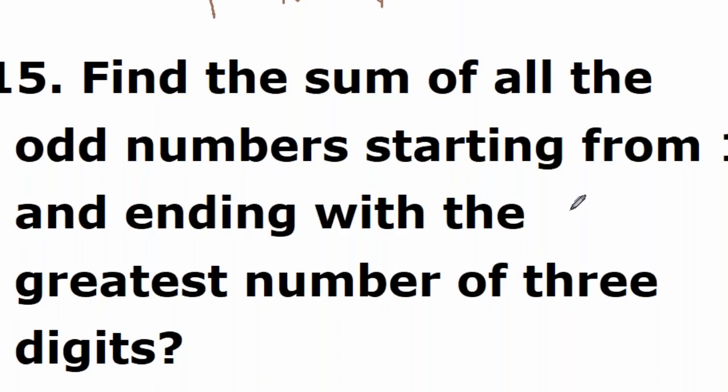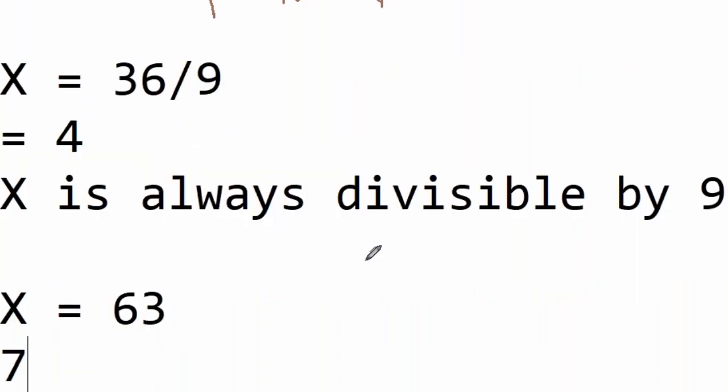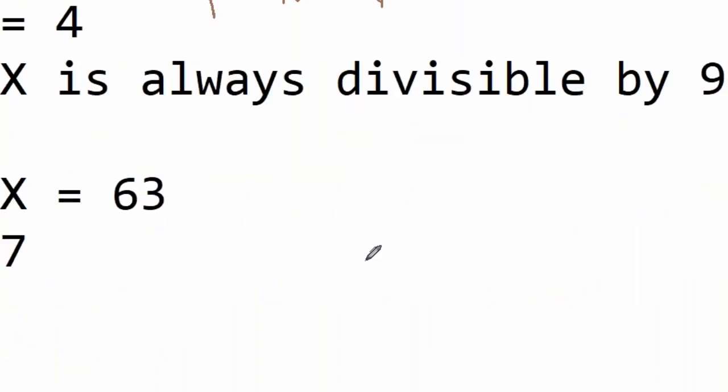Write down a note. Point number 1. From our childhood onwards, we use this formula regularly. Sum of all natural numbers from 1 to n is equal to n into n plus 1 by 2.